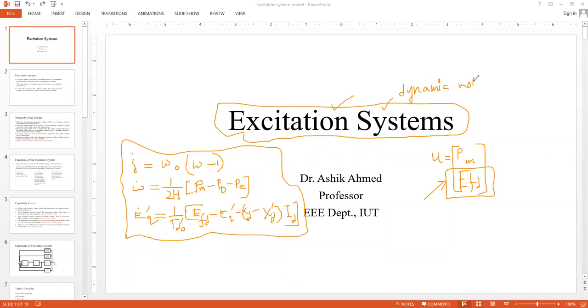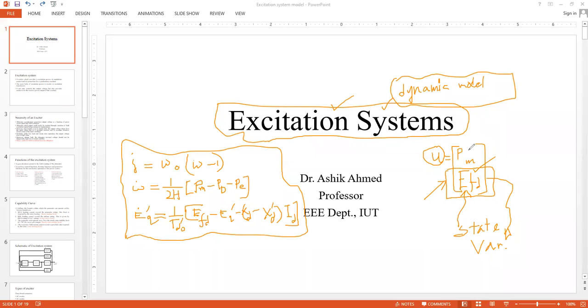That means we are looking for some dynamics for this input variable U. Once we do that, we will see that this Efd will become a state variable later on, and it would no longer take part as the U variable. Rather, this Efd would become a state variable.